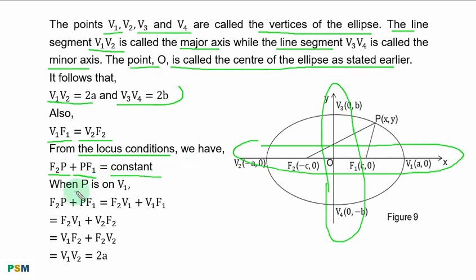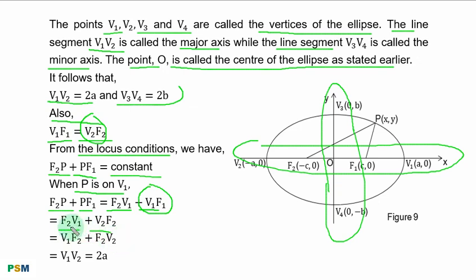When P is on V1, you have F2P plus PF1 equal to F2V1 plus V1F1. That is equal to F2V1 plus V2F2. You replace this term with this term from this expression.